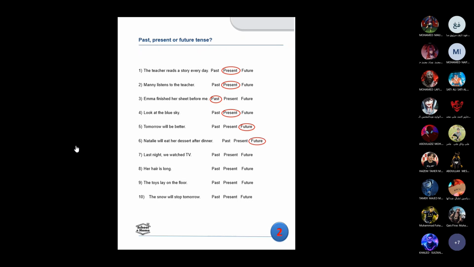Okay. Omar Anas. No answer. Muhammad Naif. Number 7, Muhammad.